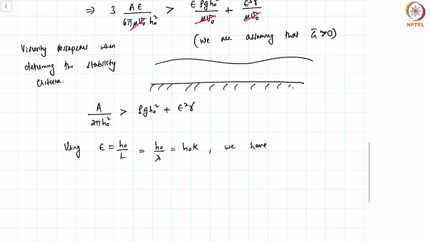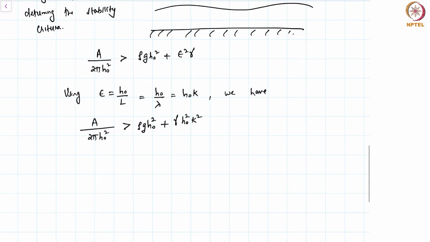Then A by 2 pi h naught square will be greater than rho g h0 square plus gamma h0 square k square, writing it in terms of h0 and k. So this is the criterion that we have.